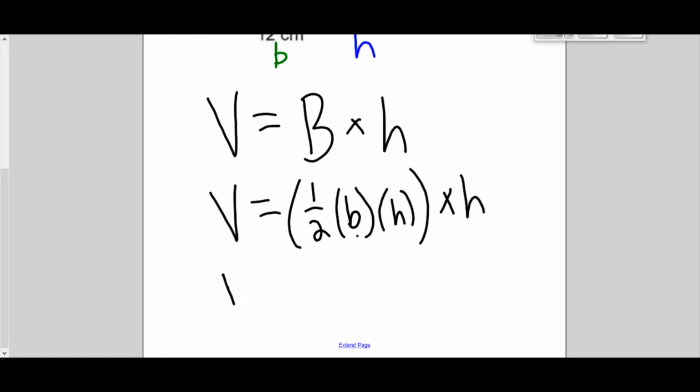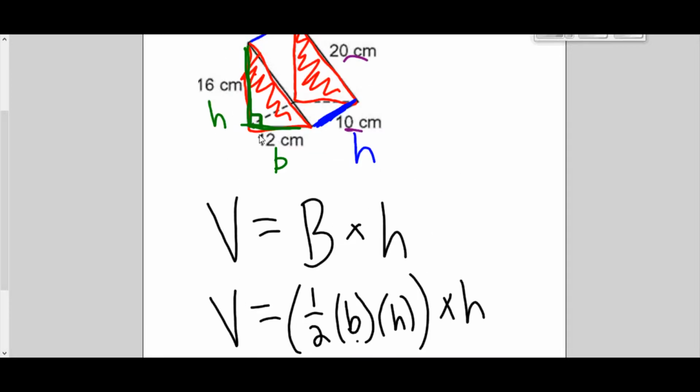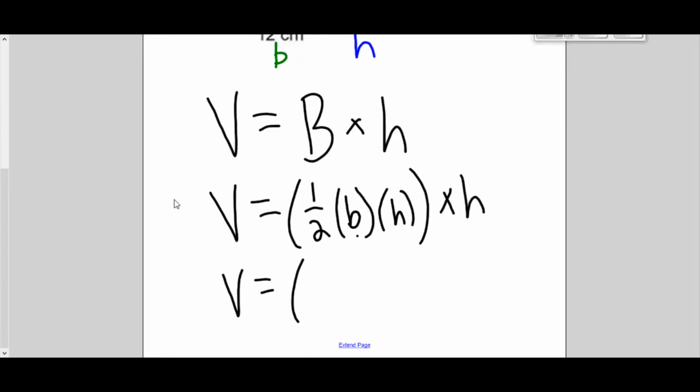So let's plug in what we know. So for the triangle, the red triangles, the base is 12 and the height is 16. It's going to be 1/2 12 times 16. And the big H we said was 10.